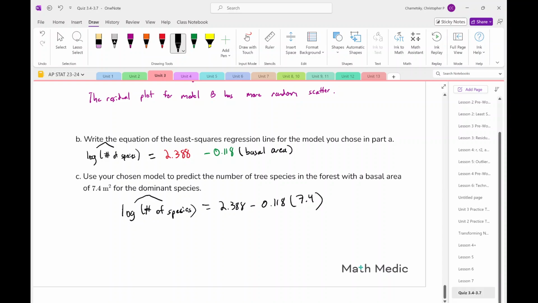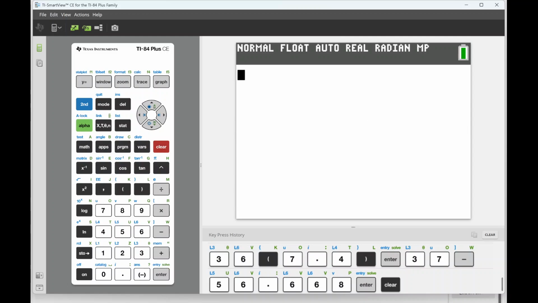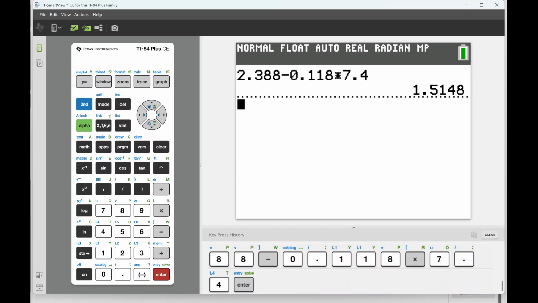So we'll go ahead and plug in the right side of that equation into our calculator. 2.388 minus 0.118 times 7.4, and that gives us 1.5148.